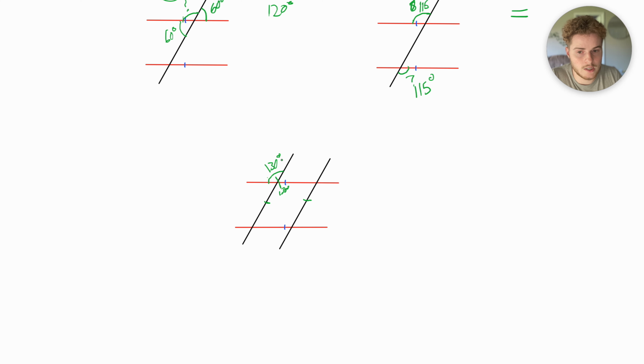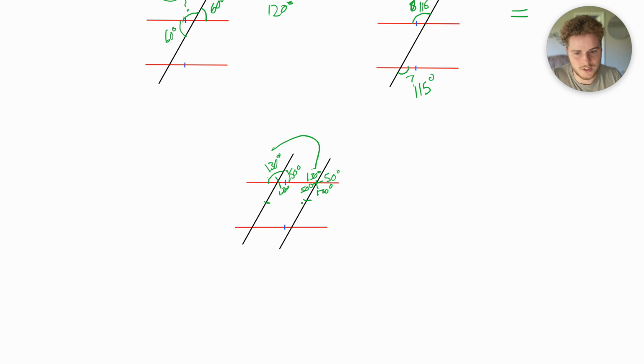We could use the 180 angle rule, knowing that this one right here is 50 degrees. And then we could say that these two angles are equal here, which means this one would have to be 50 degrees again. You can move this one 50 degrees, which means this one's 130 degrees.